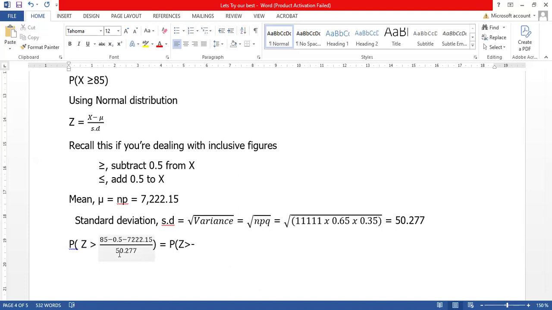How many twos? There are 3 twos. I'm getting negative 141. Two decimal points, because you want to use the table. 0.97.